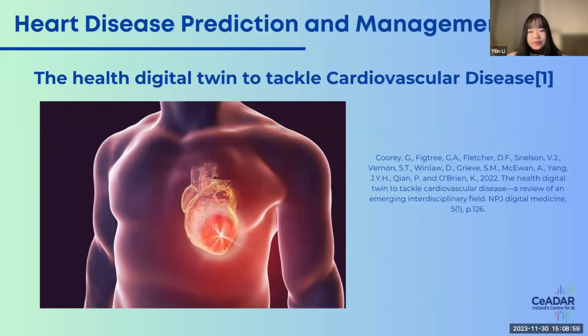The first is AIDT for heart disease prediction and management. We will develop it into an exciting application of AI in healthcare, the health digital twin for cardiovascular disease. This innovative concept, as detailed in a comprehensive review from Nature Digital Medicine, marks a significant advance in heart disease.